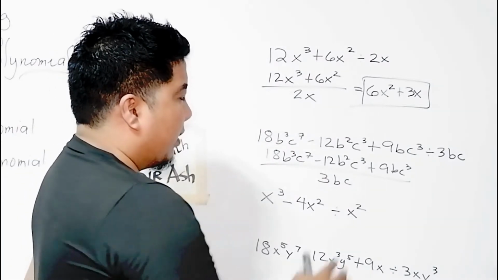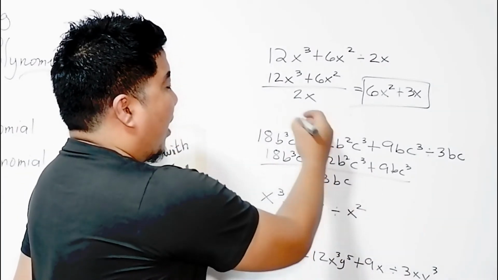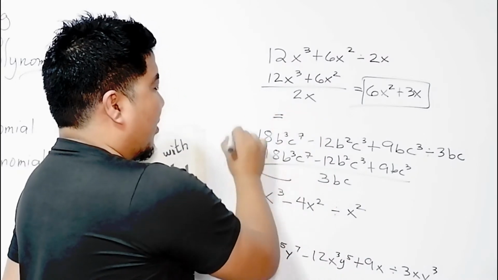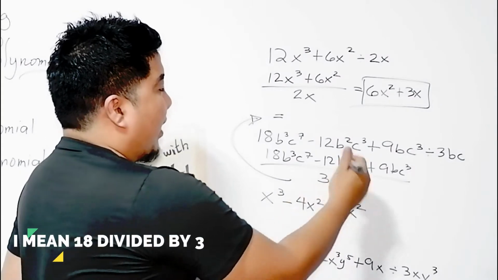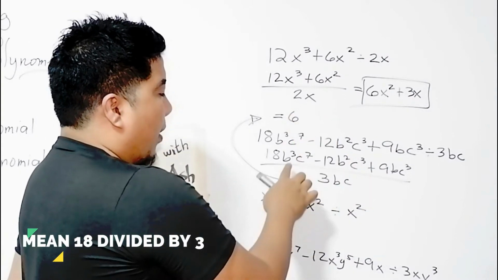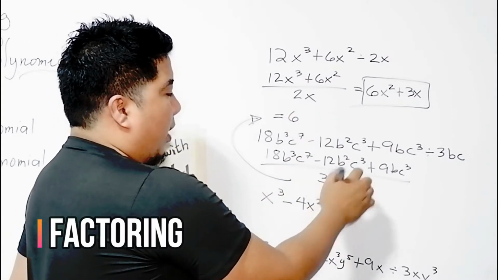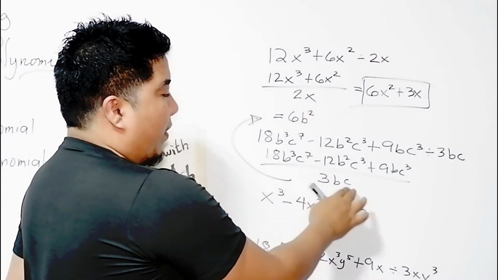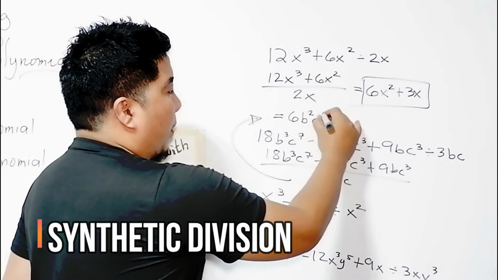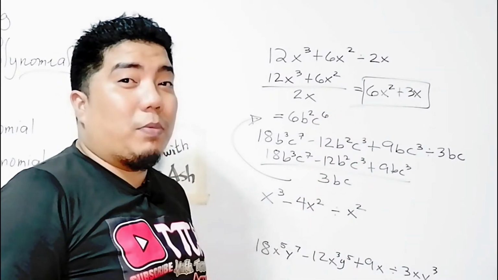So, now, since I don't have anything to write here, I'll just write my answer here. Okay? Alright. So, 12 divided by 3, that is 6. B cubed divided by b, that is b squared. C to the power of 7 divided by c, that is c to the power of 6. I'm finished with my first term.